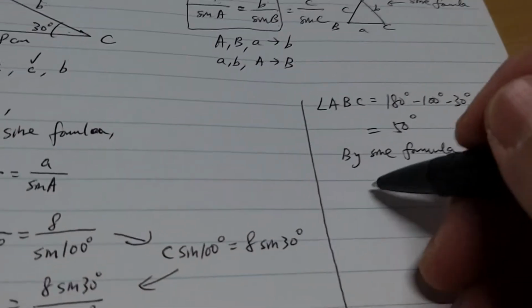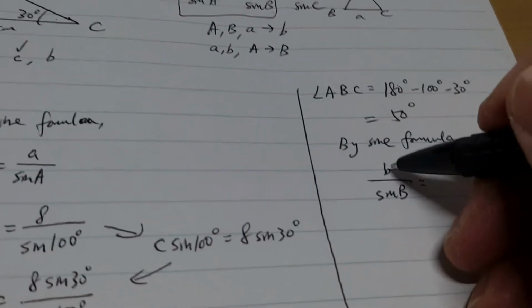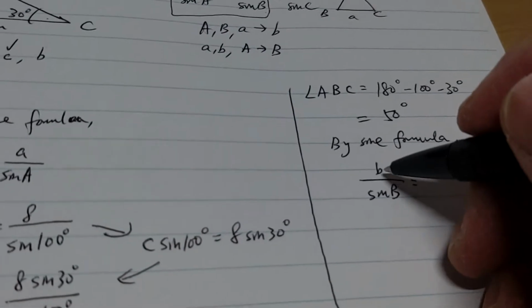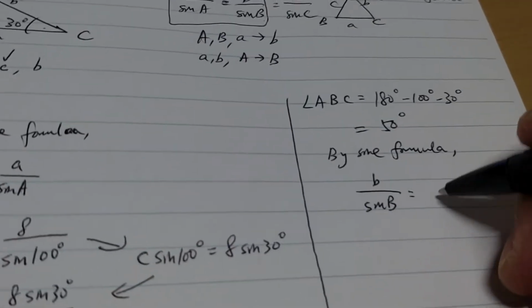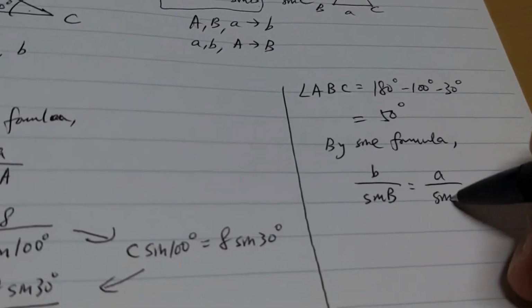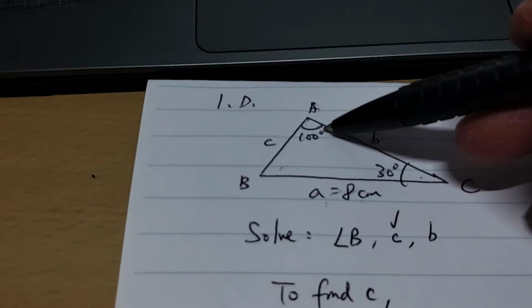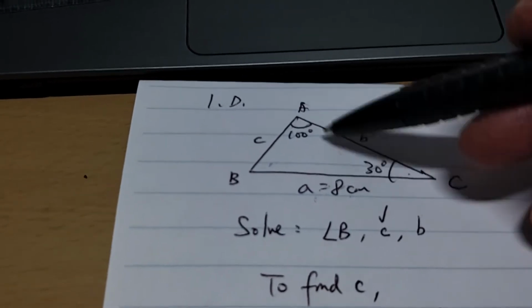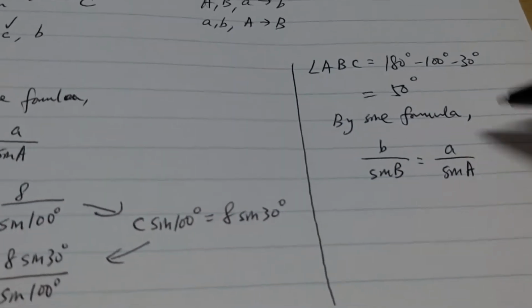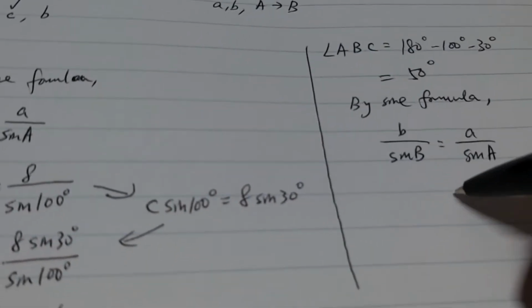By the sine formula, b over sine B, because we want to find b, so we write b, and we can use a over sine A, because side a and angle A are given. They must be correct, so it is safer to use a instead of c.